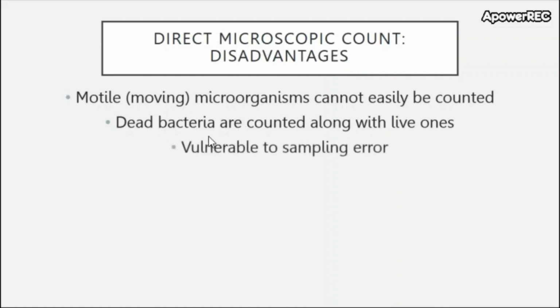And it's going to be very vulnerable to sampling error. And that's because if you imagine with the plates, those colonies aren't going anywhere. They're just little cities that grow on that plate. And you can take your time and count them out. But in a liquid culture, it's really hard to count all of the cells because they're kind of floating around and moving around.